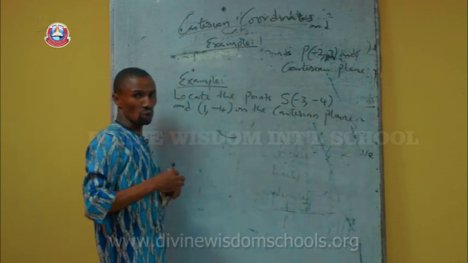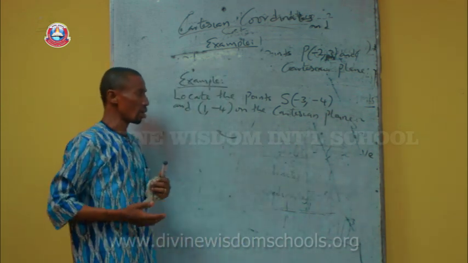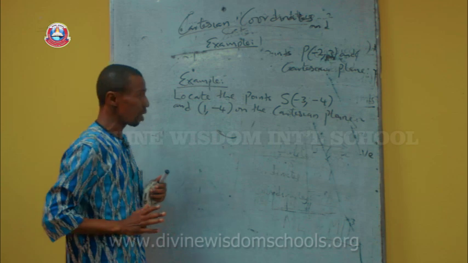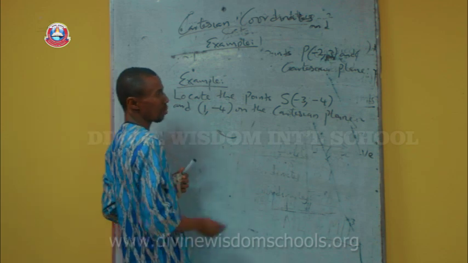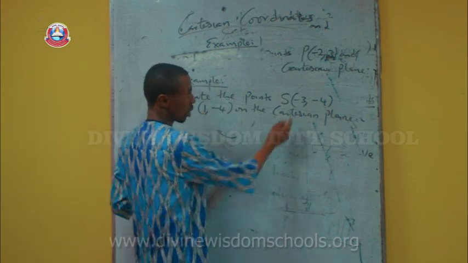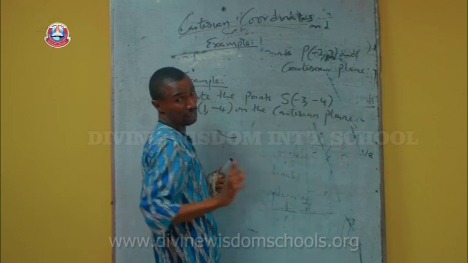Now, the first thing to do in locating points on the Cartesian plane is to draw the axis. The reason why we are taking two coordinates is because we have two values here. This is for a two coordinate system.